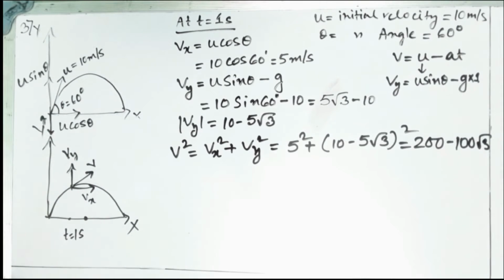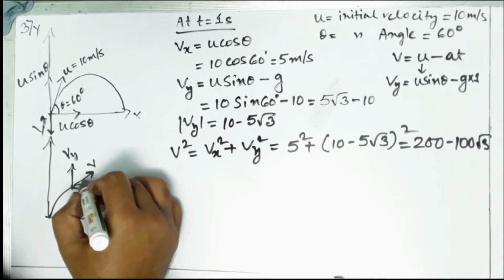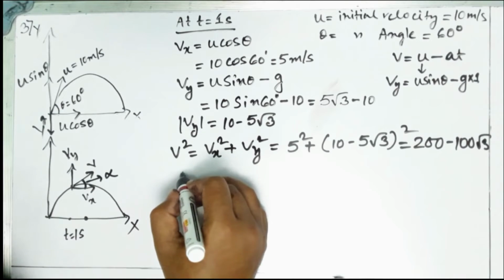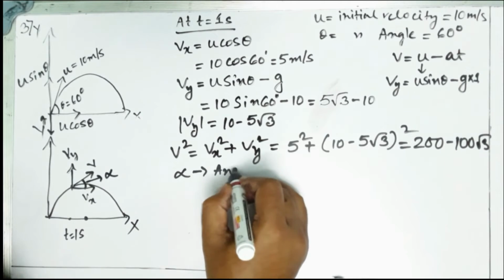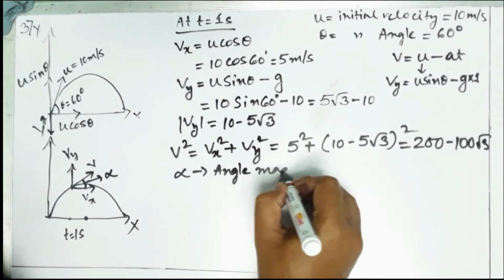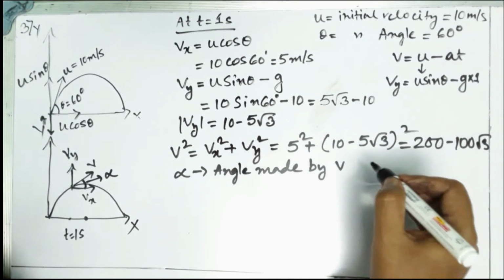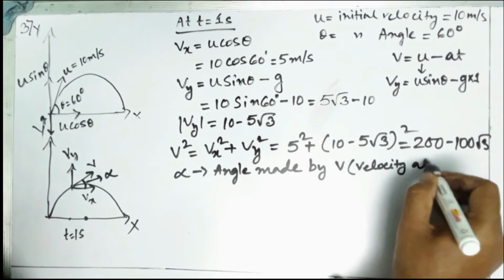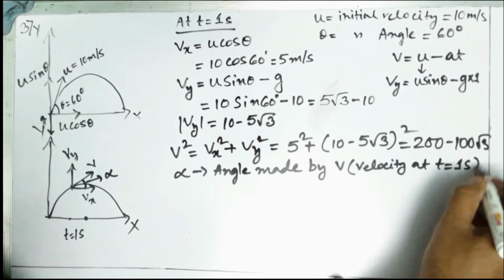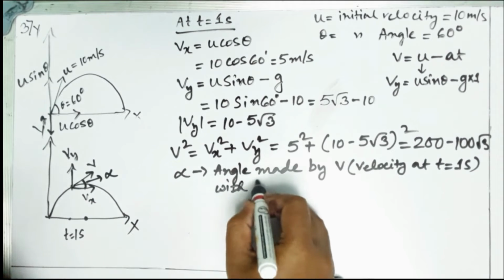This is V square. And what is the angle made with the horizontal? Let's say this angle is alpha. Alpha is the angle made by the velocity at t equal to 1 second with the horizontal.